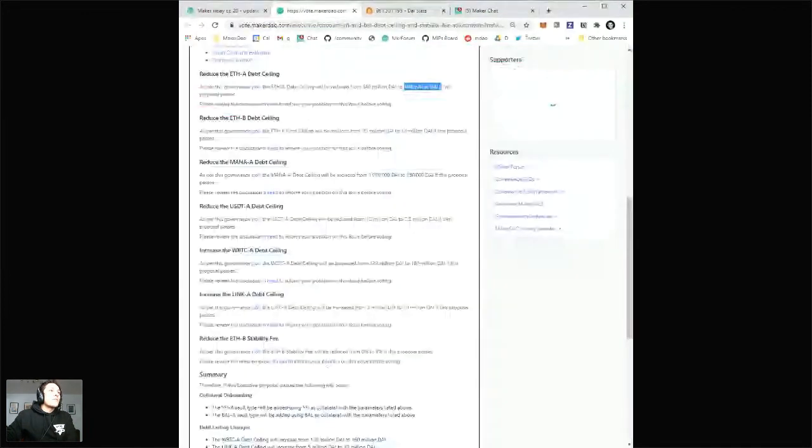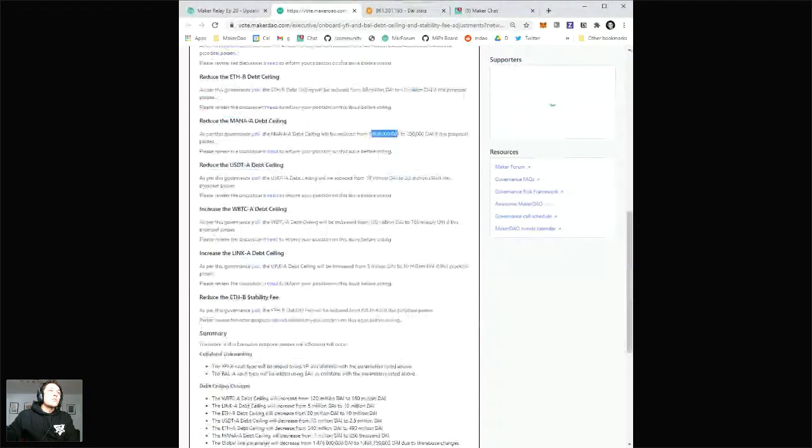The ETH debt ceiling is also being reduced from 20 to 10. The Mana A debt ceiling is being reduced from 1 million to 250,000. That's because of the lack of liquidity in Mana markets, and it's also just as a risk measure, in addition to the fact that the vault's not really being used that much.